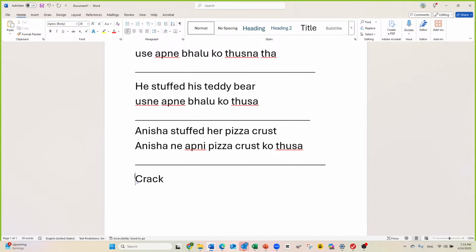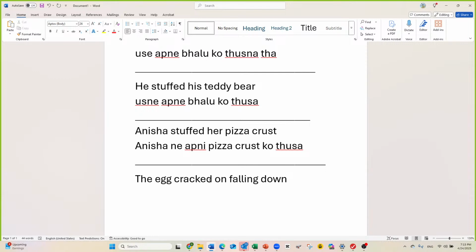The egg cracked on impact. Can we say an egg cracked on falling down? Yeah, something like that. Okay, that's okay.